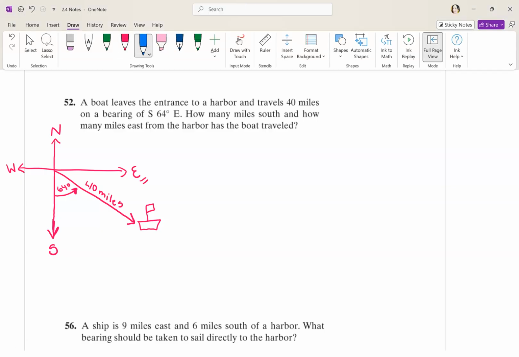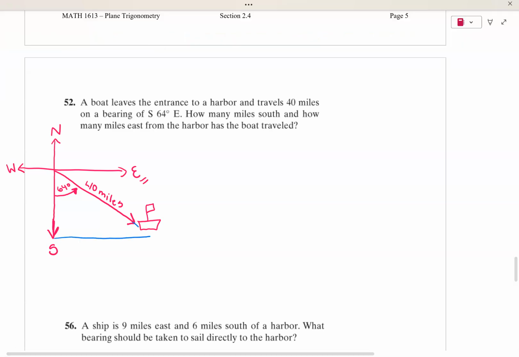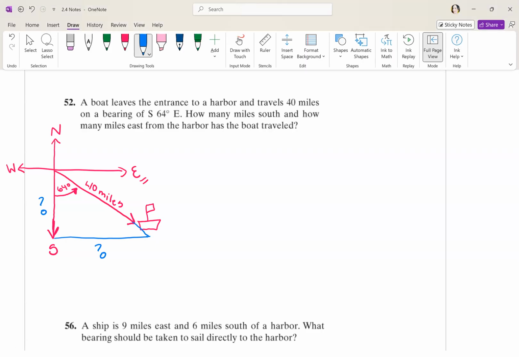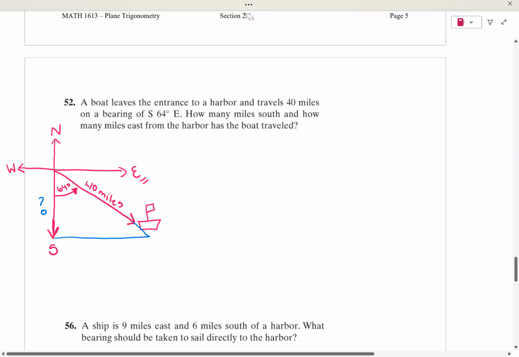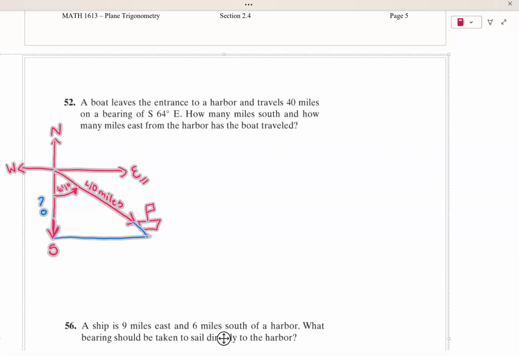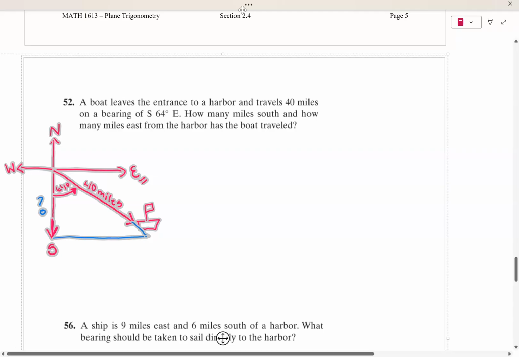If I kind of continue drawing this, I know it's a little off, but it's okay. So let's go ahead and start with how many miles south, right here, looking for that question mark.